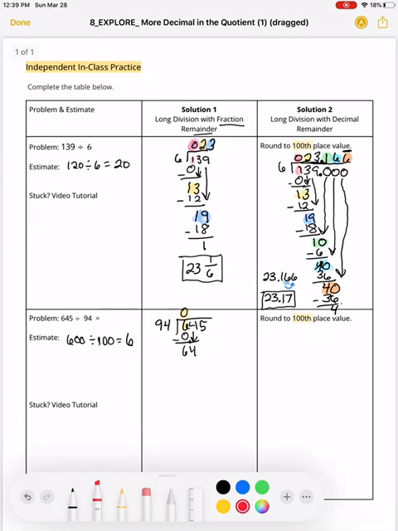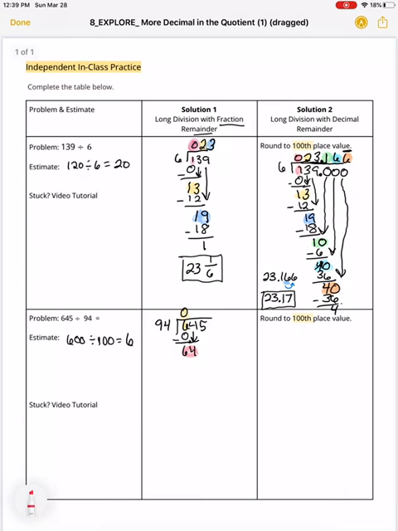Then I'm going to ask how many times does 94 fit into 64? And again, the answer is 0. 0 times 94 is 0. Subtract 64 and bring down the 5.